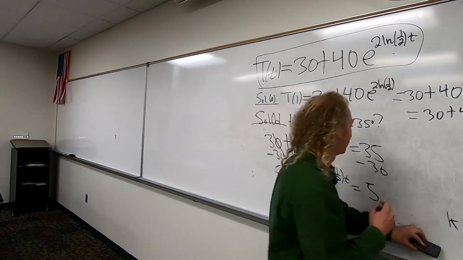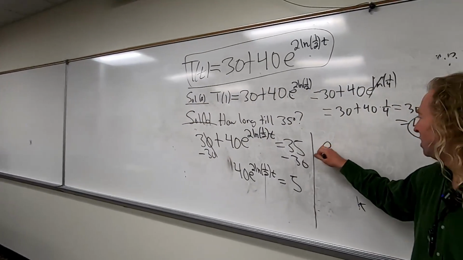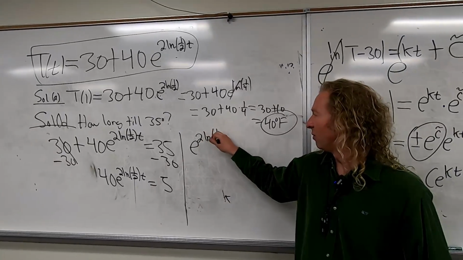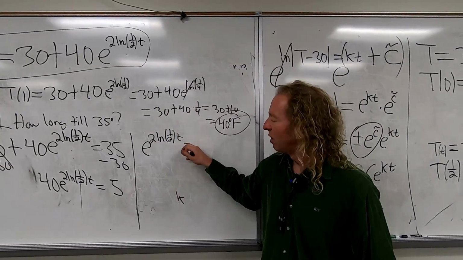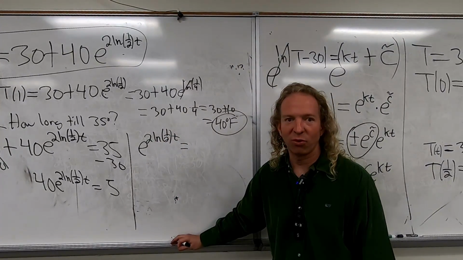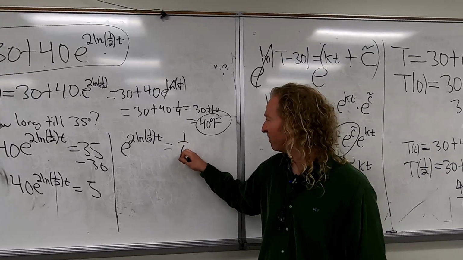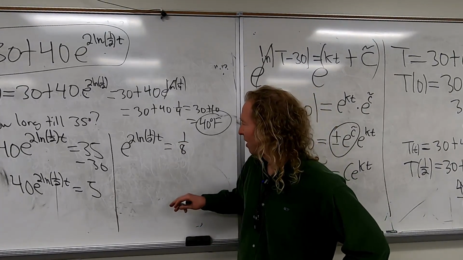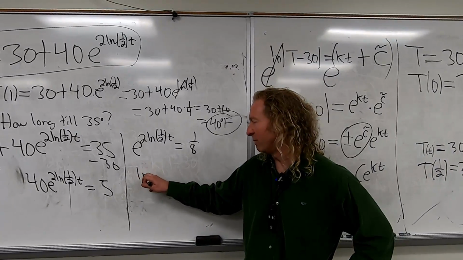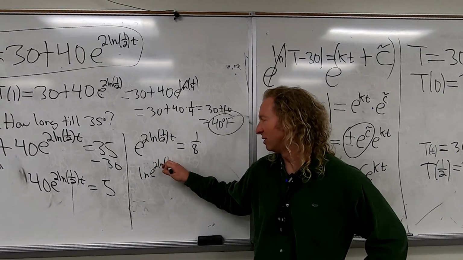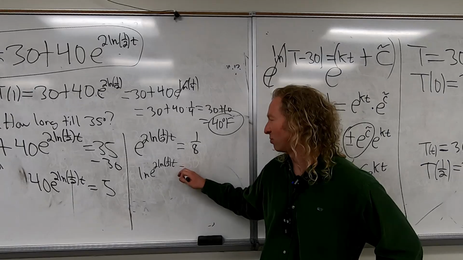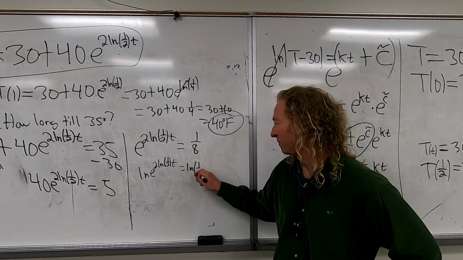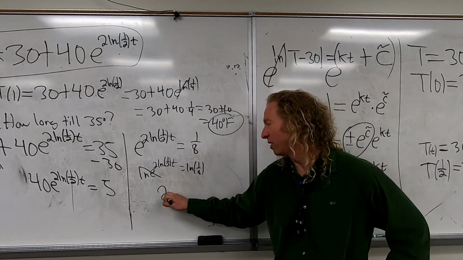We get e to the 2 ln 1/2 t equals 5 over 40, which is 1/8. 1/8 makes me think of pizza, there's usually 8 slices. I'll take the ln on both sides. I should have gotten rid of that e, but it's all right. We can just do things the long way. 2 ln 1/2.